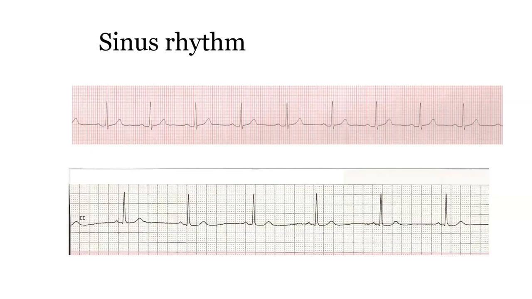We have 1 upright rounded P wave for every QRS complex. If we measure our PR interval, it's going to be less than 0.20 seconds. And if we measure our QRS, we are going to have that narrow at less than 0.12 seconds. So the heart rate in the bottom strip would be 1, 2, 3, 4, 5, 6, 60. So the top strip has a heart rate of 90. The bottom has a heart rate of 60. They are both considered sinus rhythms.